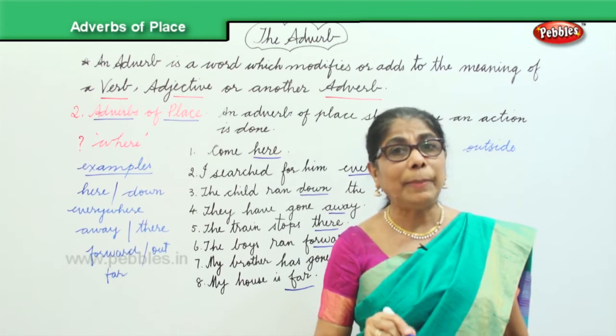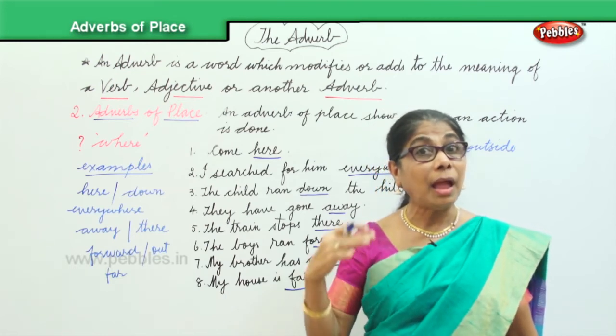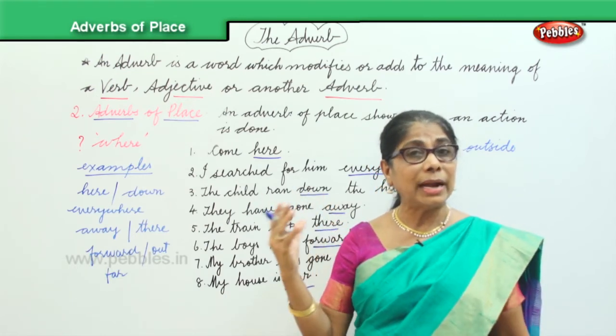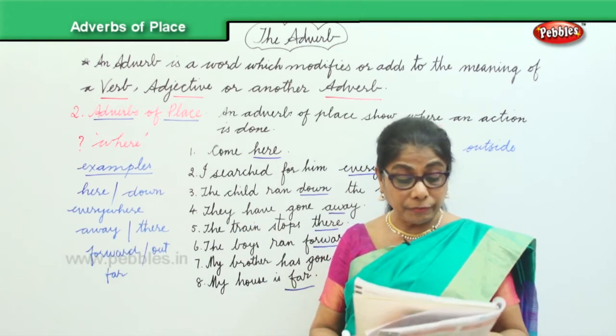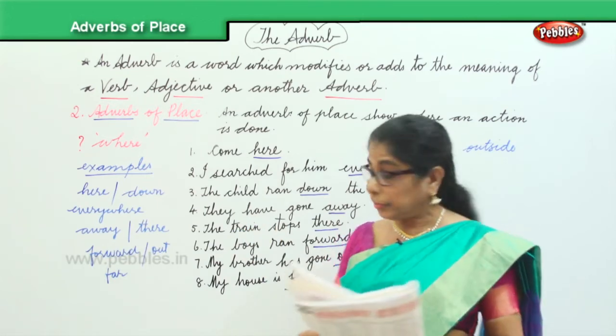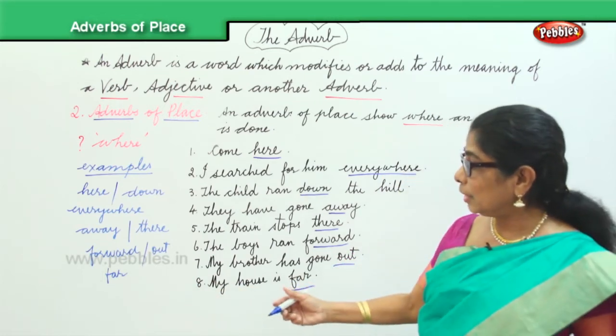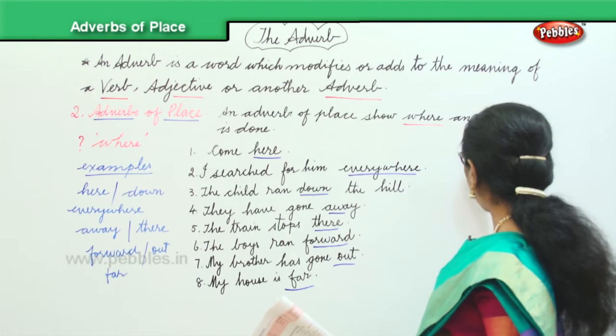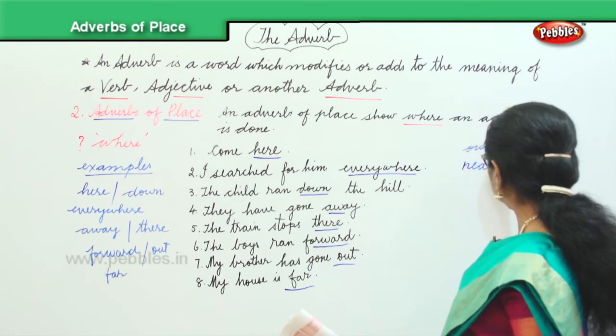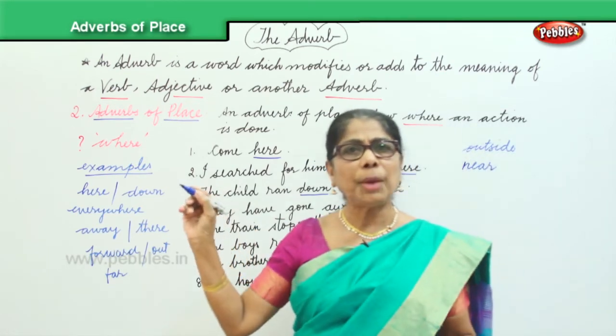Where did you leave your bag? I left my bag outside. Outside is another adverb of place. Then we have near. Where is your house? My house is near the shop.